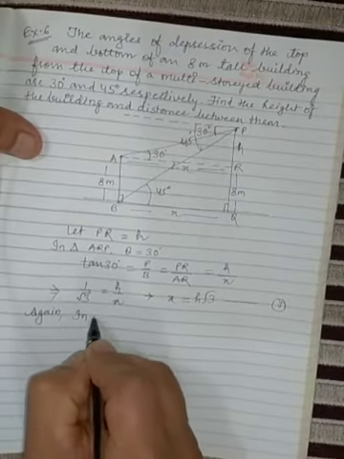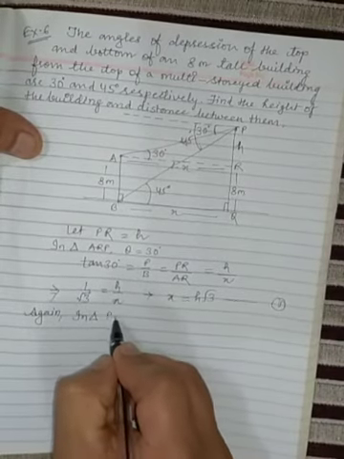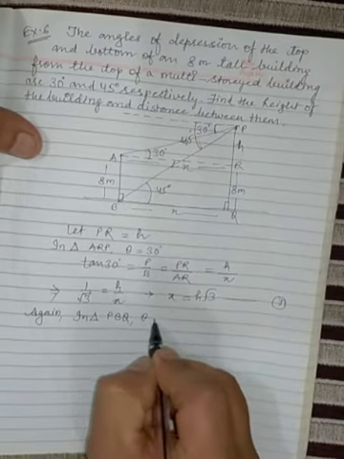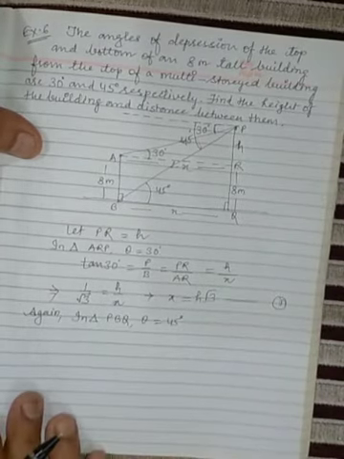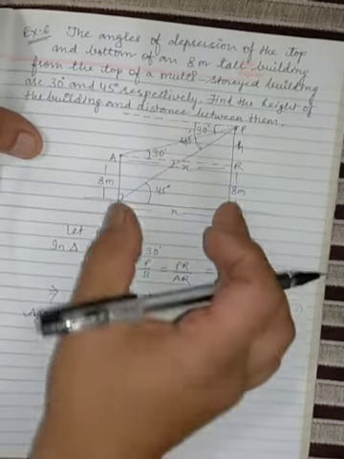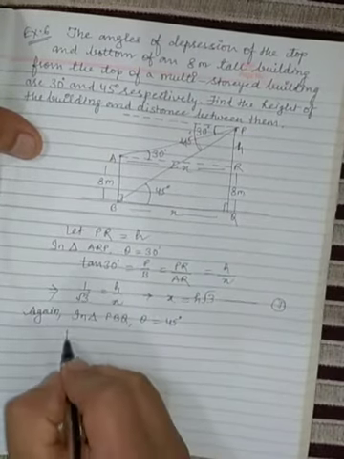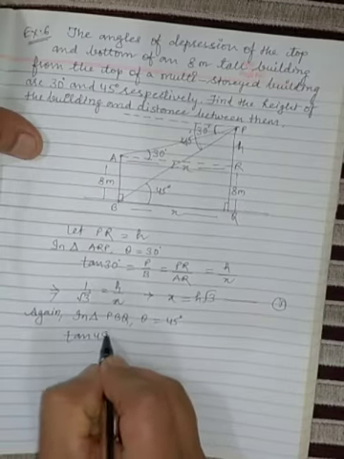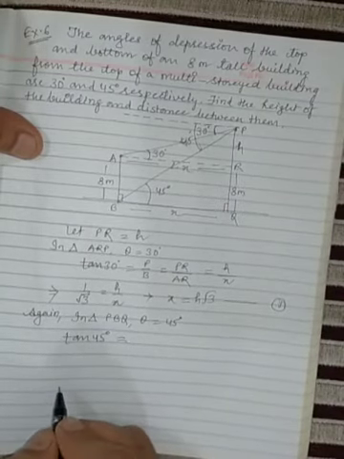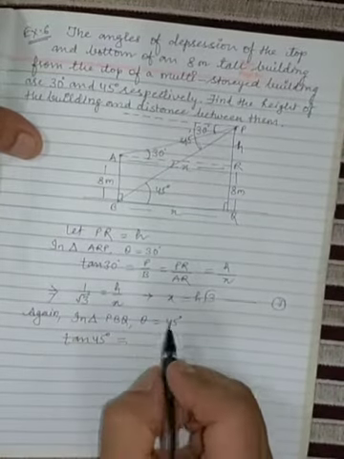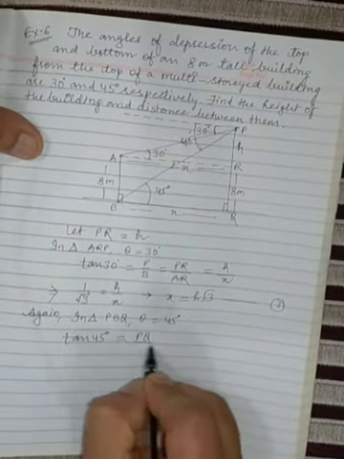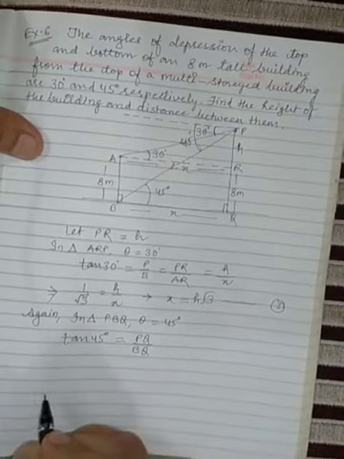Again, in triangle PBQ, here theta is equal to 45 degree. And once again, the relation is between base and perpendicular. So tan 45 degree is equal to perpendicular upon base, PQ upon BQ.